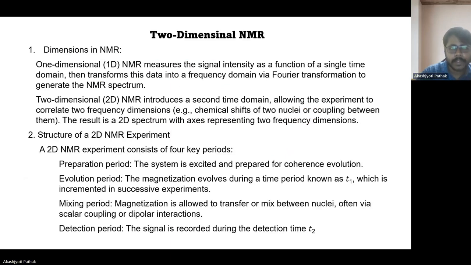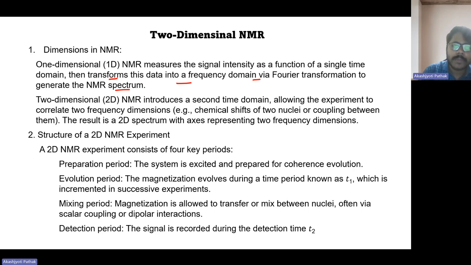Next, in this week 9, you also learned the concept of two-dimensional NMR. How is it different from one-dimensional NMR? One-dimensional NMR measures the signal intensity as a function of a single time domain, then transforms this data into the frequency domain via Fourier transformation to generate the NMR spectrum.